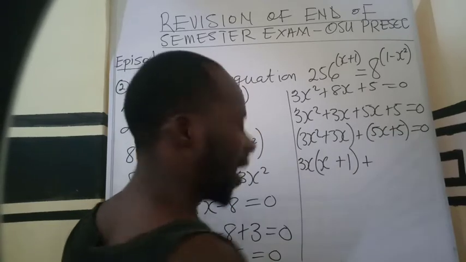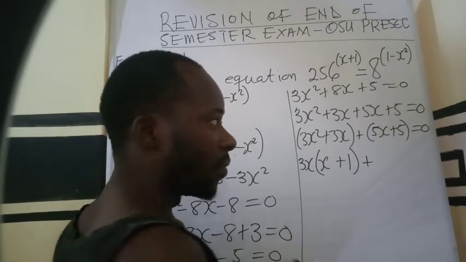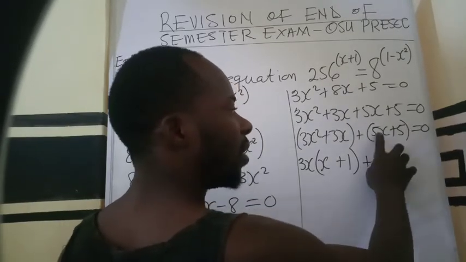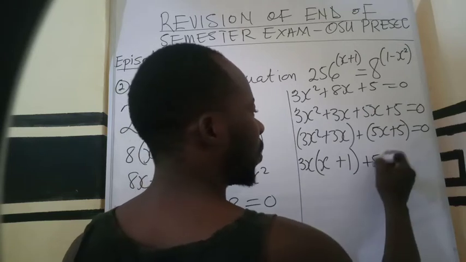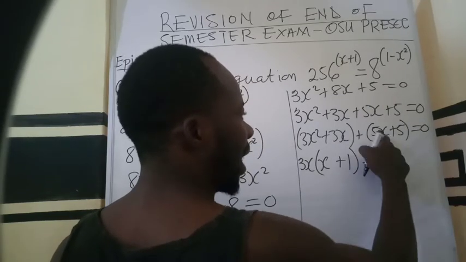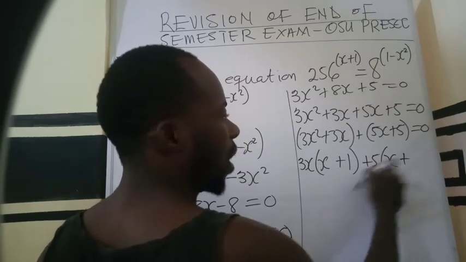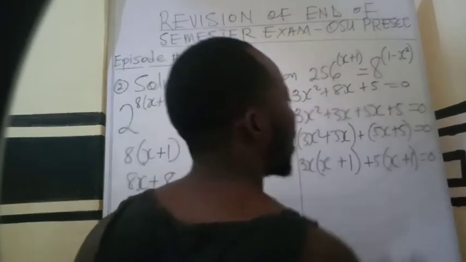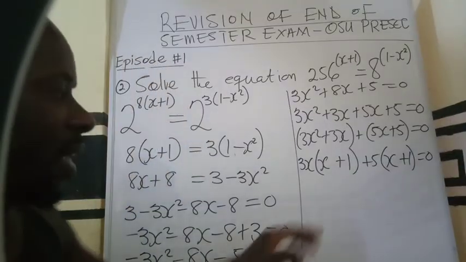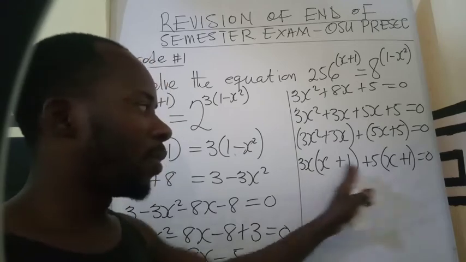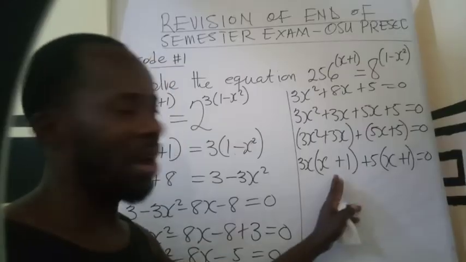Common factor for 5x and 5, we can say there's no variable here, so the only factor is what? 5. 5 multiplied by x will give us our 5x. 5 multiplied by what? 1 will give us our 5. So we can see that this is also one term. They still have a common factor.